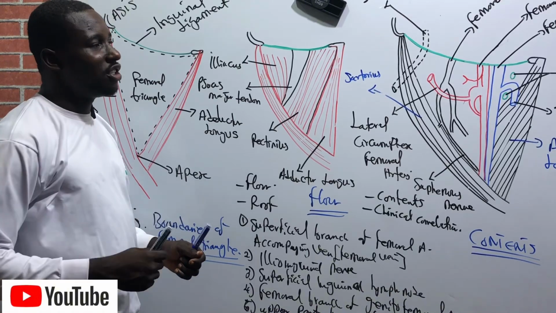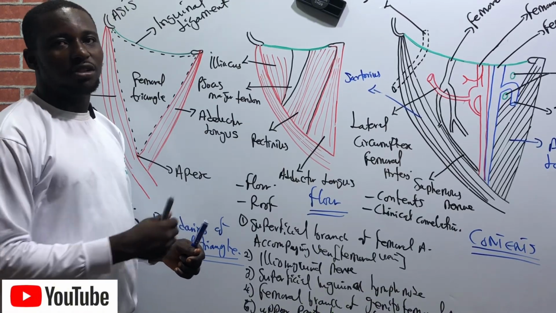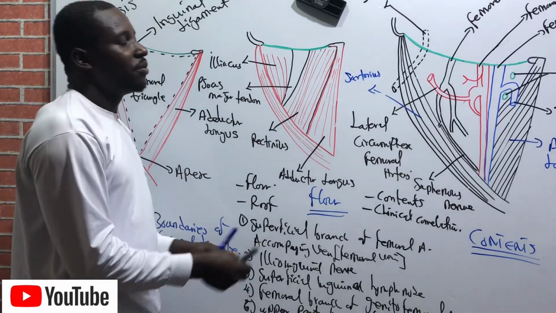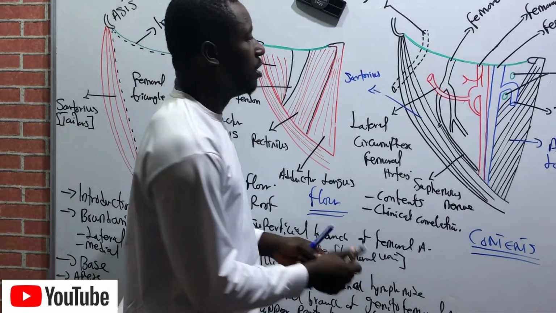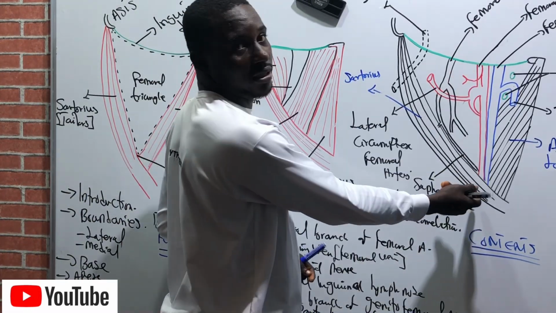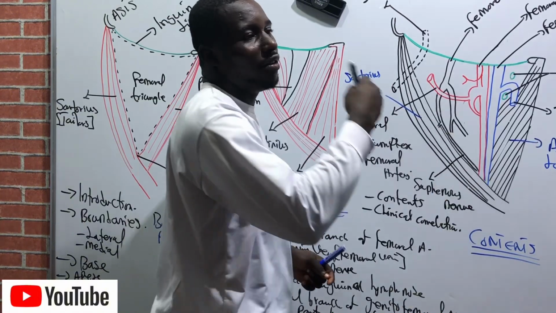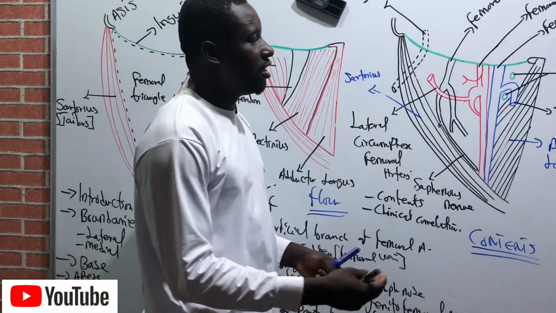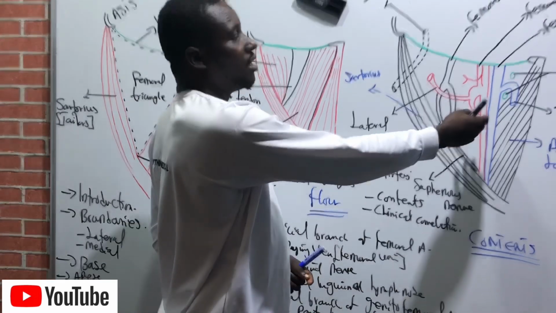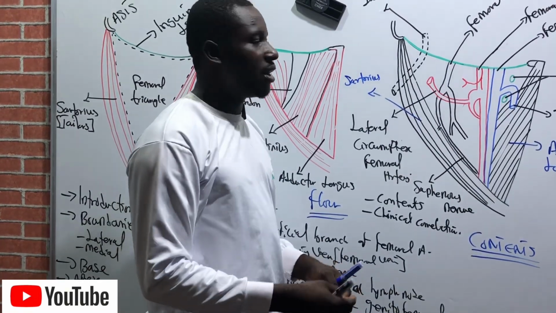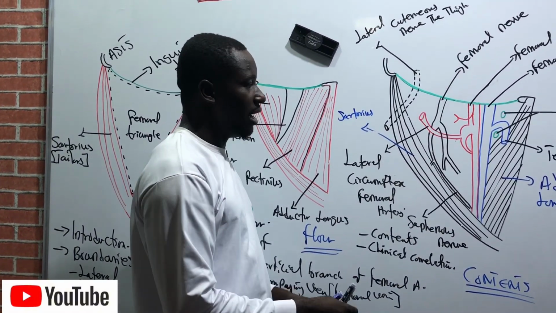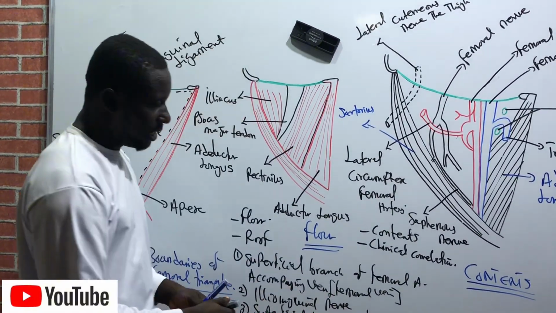The femoral artery pulsation can be felt on the femoral triangle because the femoral artery traverses the femoral triangle from its base to the apex. It has numerous branches, the superficial branch and the deep branches. Recall that the femoral vein accompanies the femoral artery while it traverses the femoral triangle.